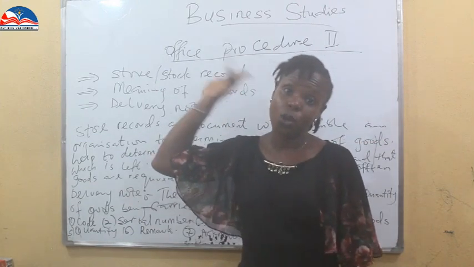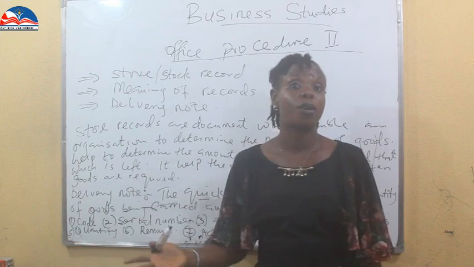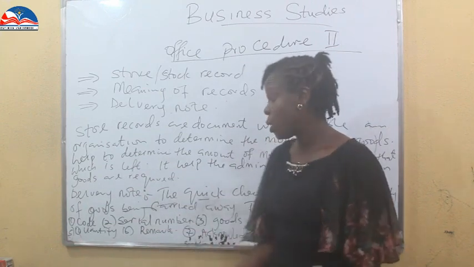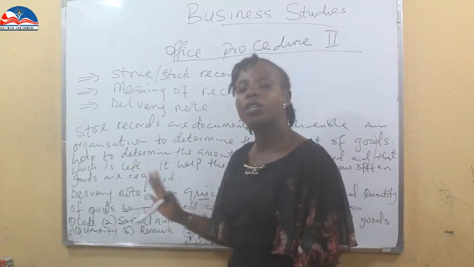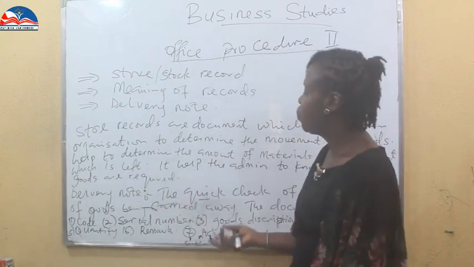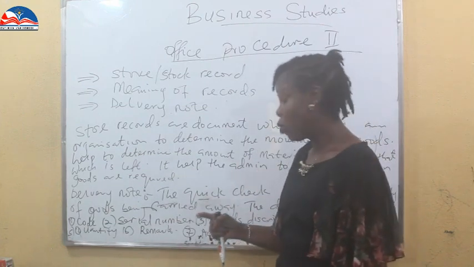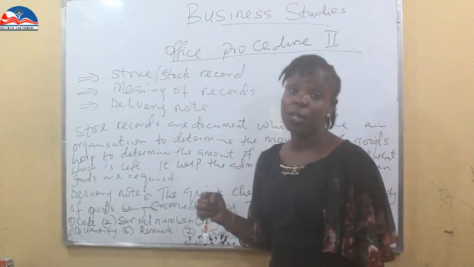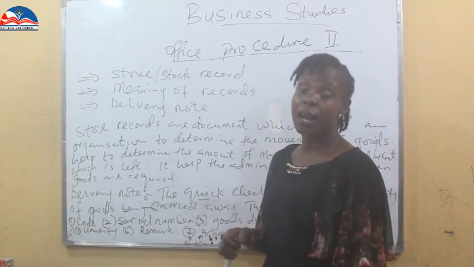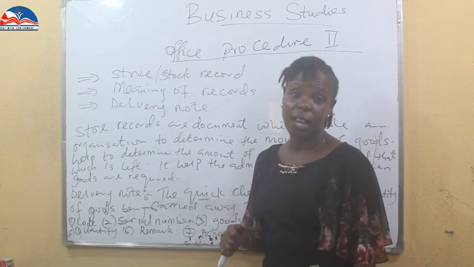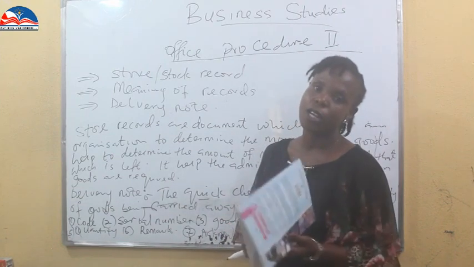The receivers, those to whom it has been delivered, acknowledge that so and so number of goods have been delivered to them. And that is the description of a delivery note. The code, the serial number, the description of goods, the unit of goods that was carried away, the quantity of goods, the remark by the person in charge, and then acknowledgement by those that receive the product.